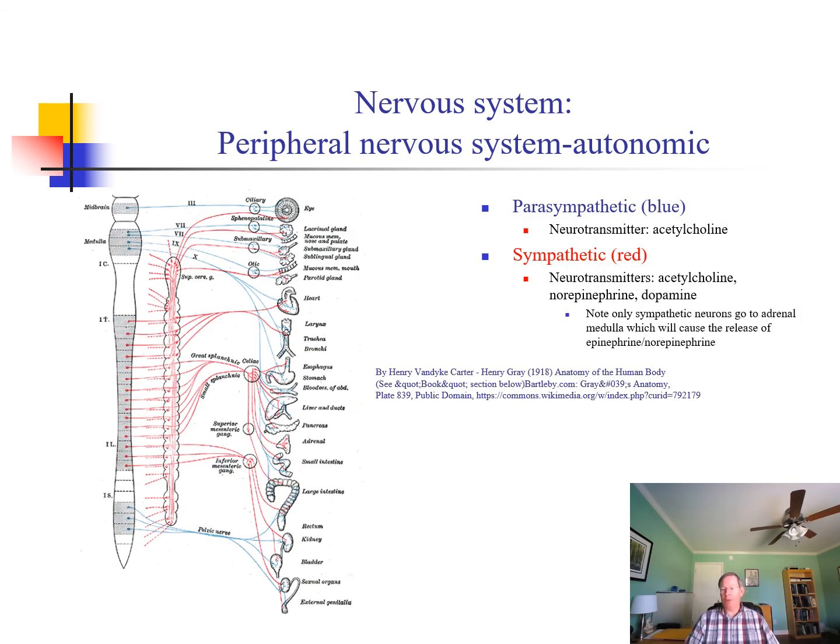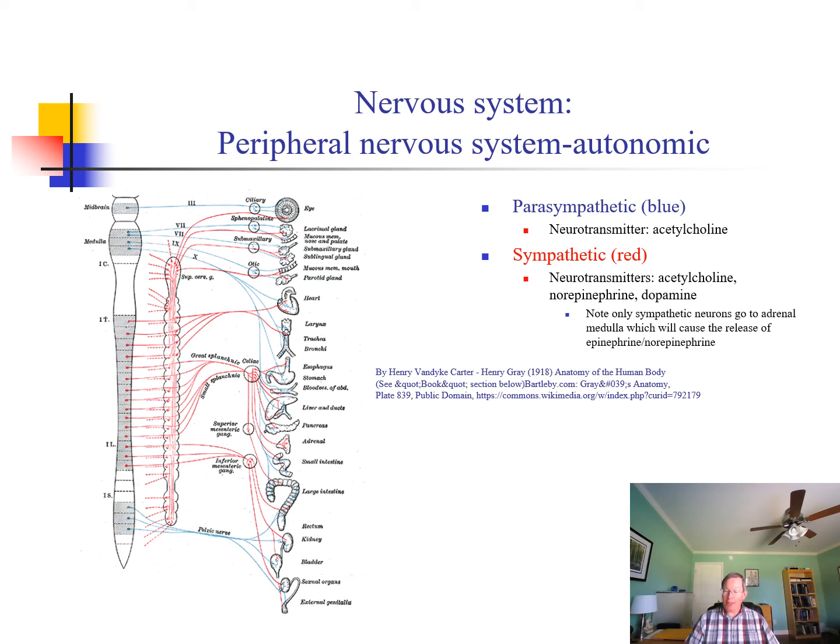And this is a pictorial representation of this, and you can see in the red portions that the neurons coming off the spinal cord are synapsing with neural cell bodies in this sympathetic ganglia. And literally, when you are in medical school and you're dissecting a cadaver, you will see this sympathetic chain. And they will synapse and go out to various portions of the body.